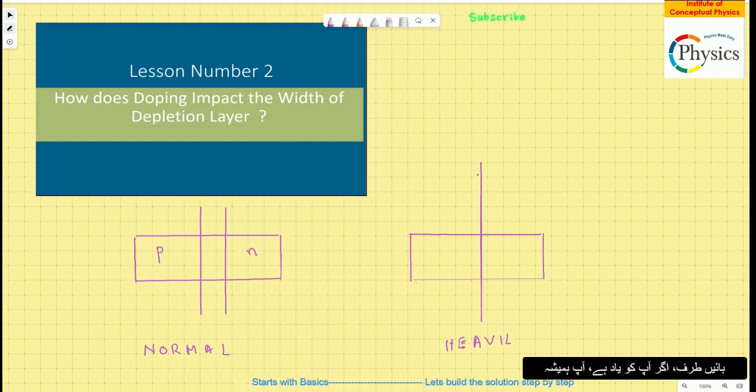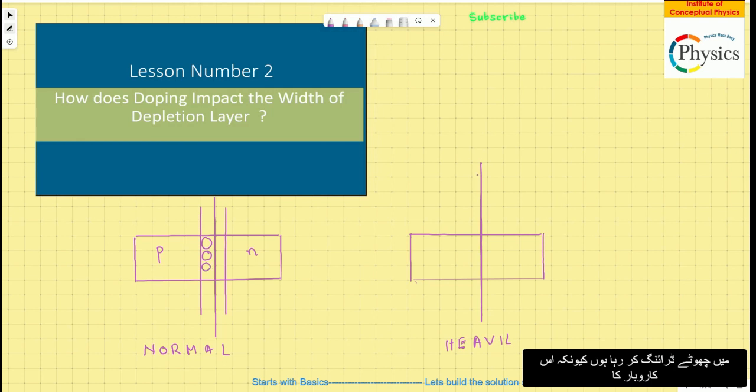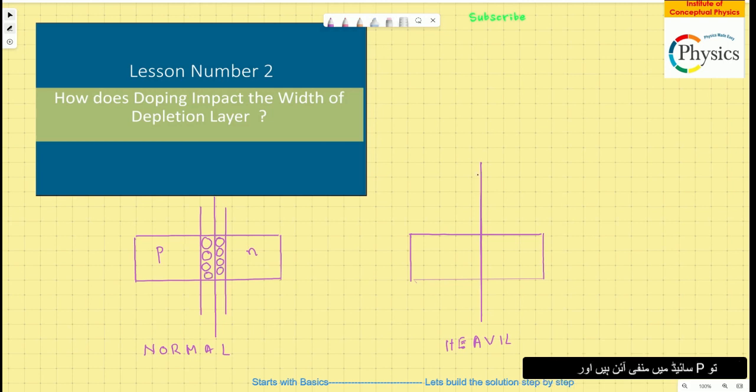On the left side, if you remember, you have a lot of ions. So P side has what? I'm drawing smaller ones because this business of drawing ions wastes a lot of time. So P side has negative ions, and the N side has immobile ones, which are plus, right? So you have a lot of pluses here.